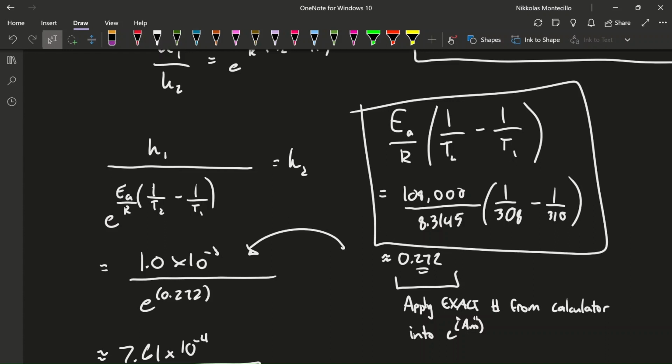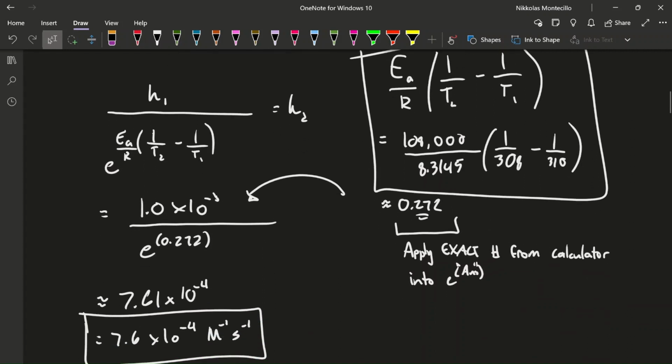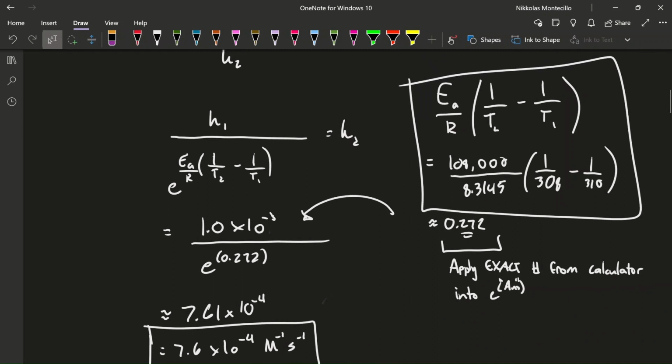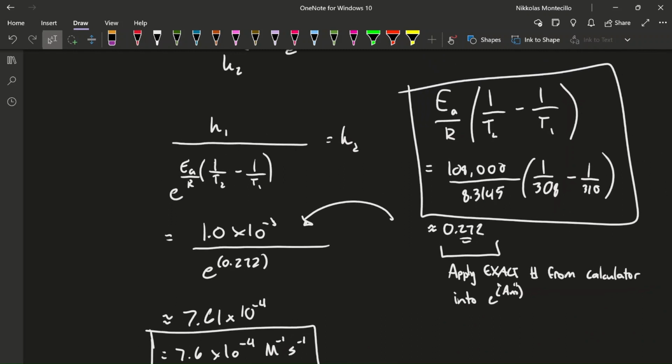But we're not done. 1.0 times 10 to the negative 3 divided by the answer equals 7.61 times 10 to the negative 4. However, we did want to consider significant figures, so 7.62 approximately.